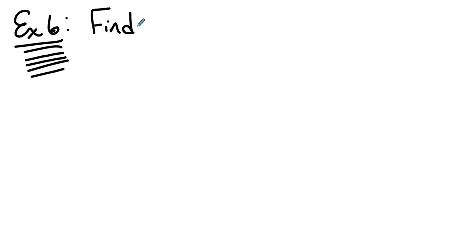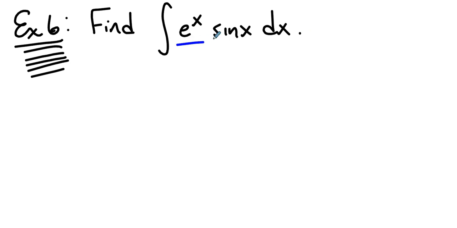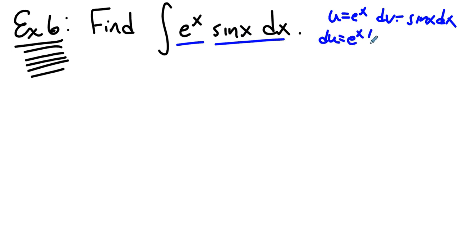One more. You've been doing great. It's a product of unrelated things, and so we think to ourselves, this is integration by parts. Maybe this is the u, maybe that's the dv, it's worth a shot. The derivative of e to the x is easy to find.